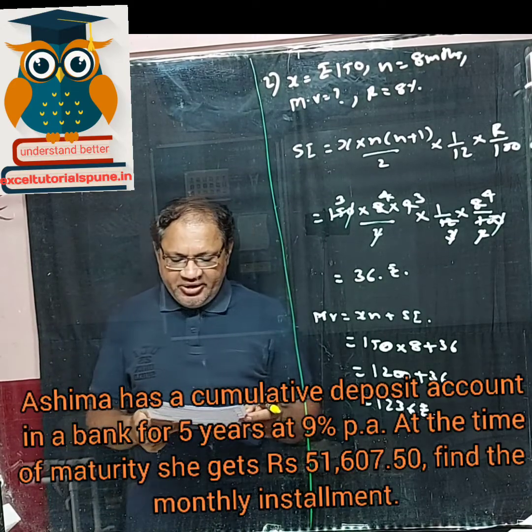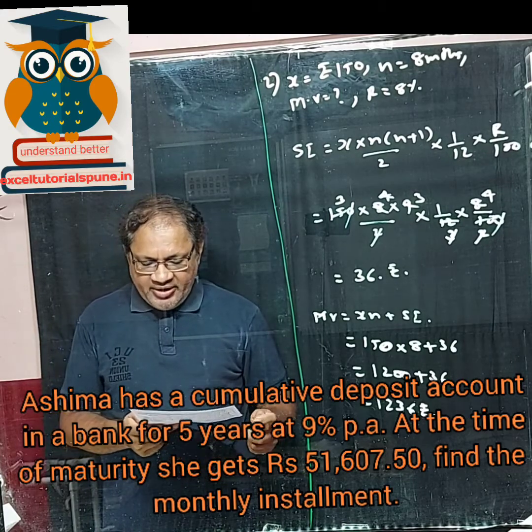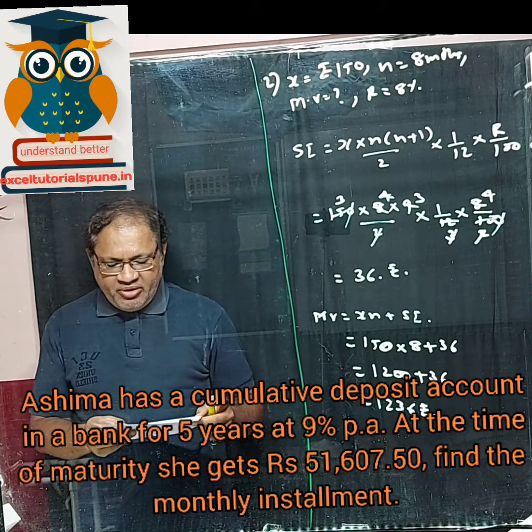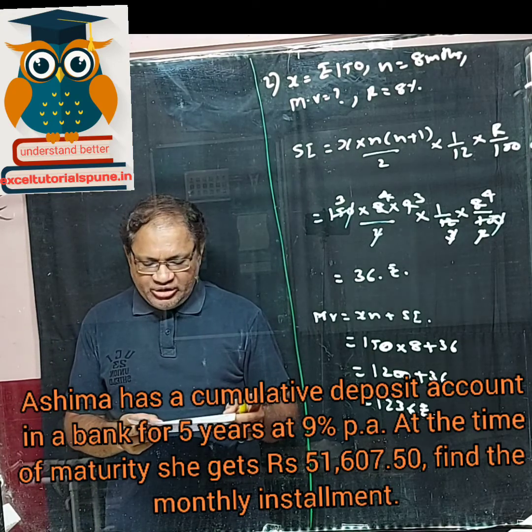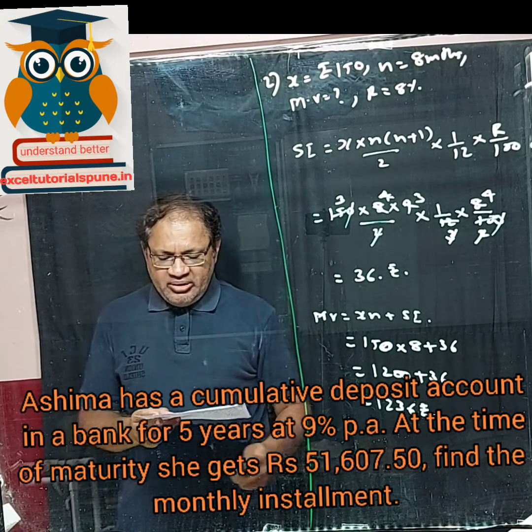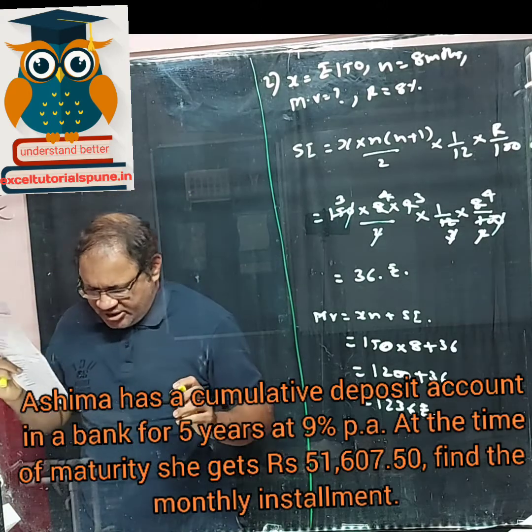Ashima has a cumulative deposit account in a bank for 5 years at 9% per annum. At the time of maturity, she gets 51,607.50. So find the monthly installment. So as usual, we write down all the particulars.